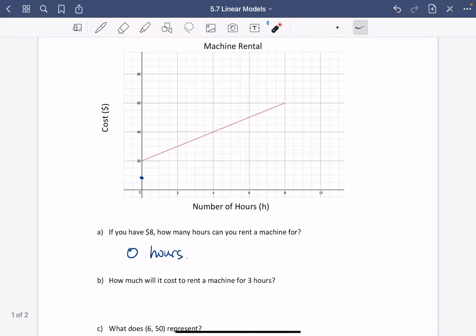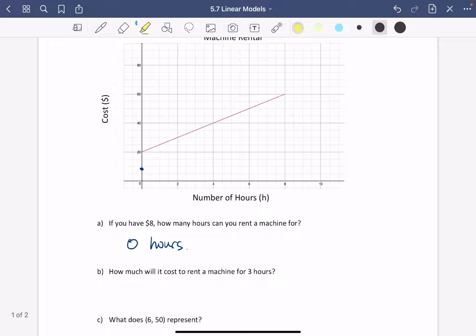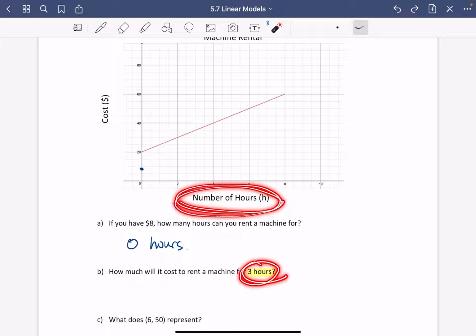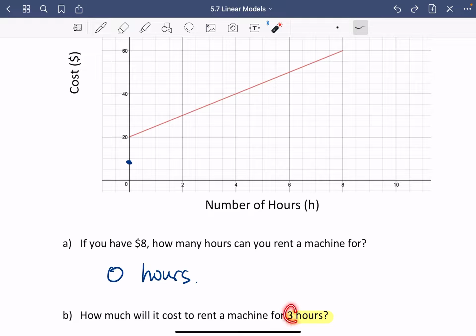Okay, now second question, how much would it cost to rent a machine for 3 hours? Now, 3 hours is the quantity on the horizontal axis, number of hours. So we'll find 3 on this axis. Between 2 and 4, in the middle here, that's 3.